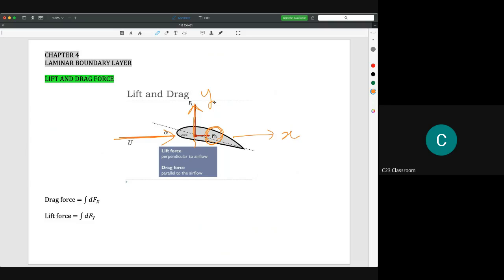I think you already know this relation. The drag force is the total force that acts on the x-axis, while the lift force is the total force that acts on the y-axis.